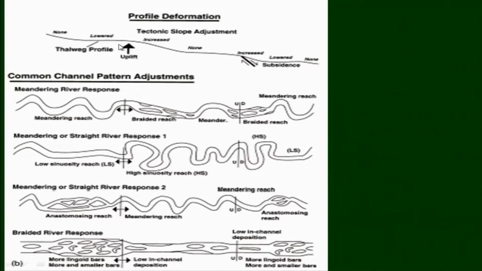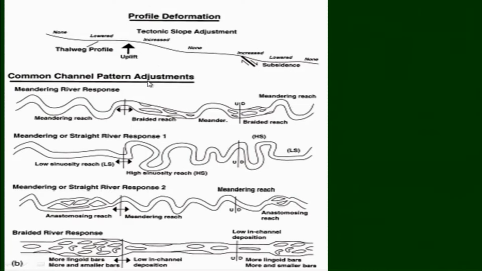For example, if you are having an uplift here, then you are reducing the stream gradient here, you are increasing the stream gradient here, whereas with the faulting you are increasing the channel gradient here. With subsidence, this block has moved down, so this will increase the channel gradient, whereas here the upstream is lowered and this is up, this is increased.